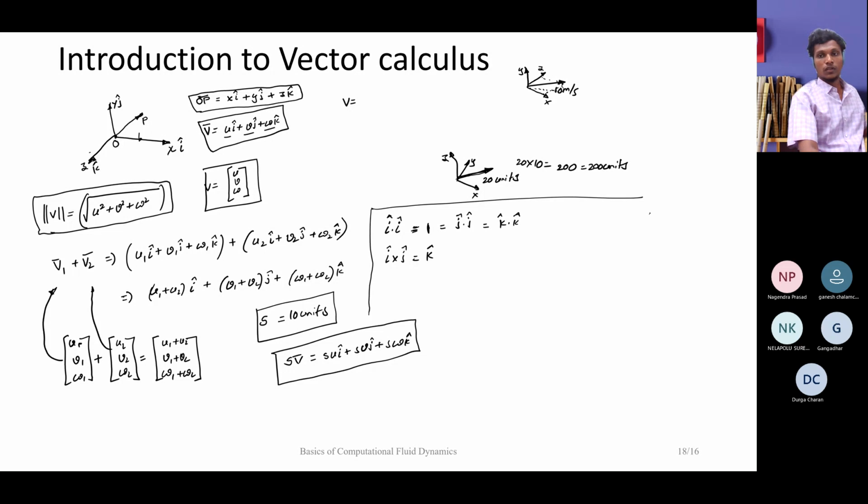Suppose this is my vector a bar and this is my vector b bar.